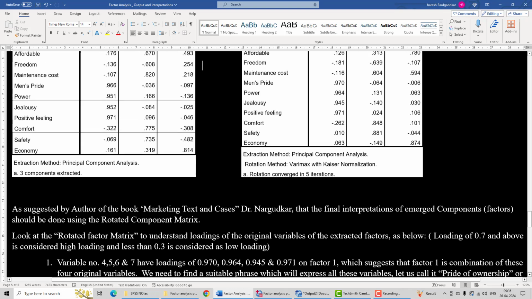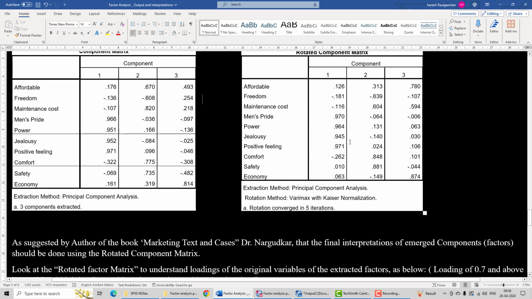Similarly, for the second component, whatever is more than 0.7 you can consider as component loadings. So here comfort and safety are getting loaded. Even the negative signs can be considered, but only if it is more than 0.7.